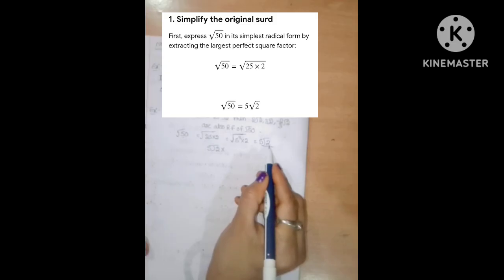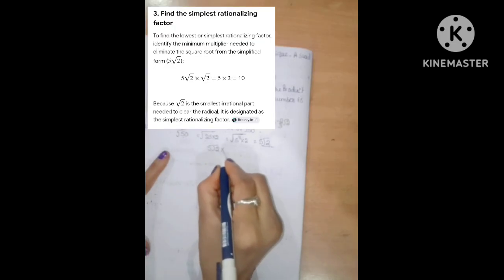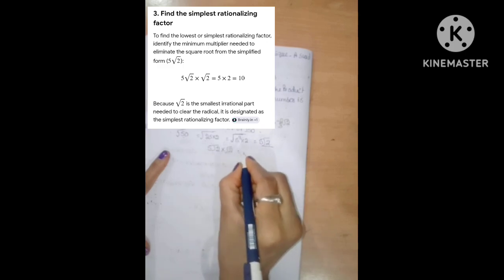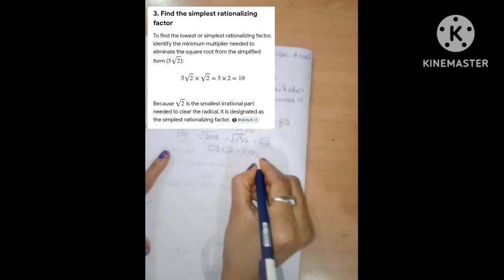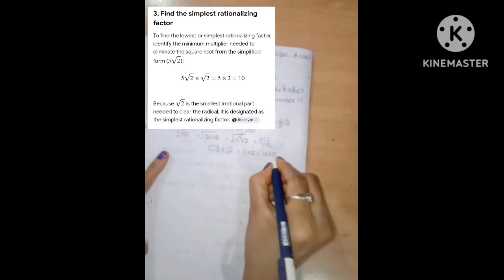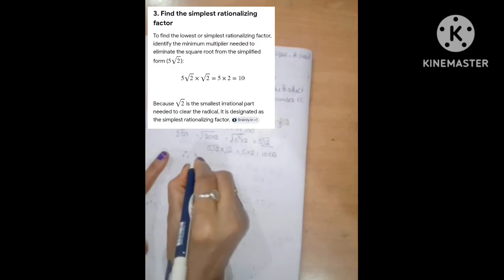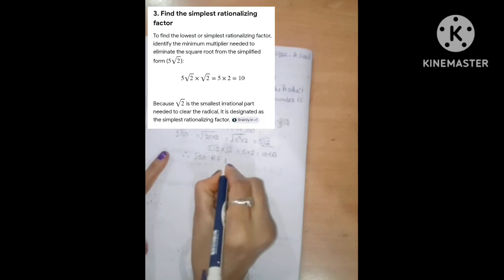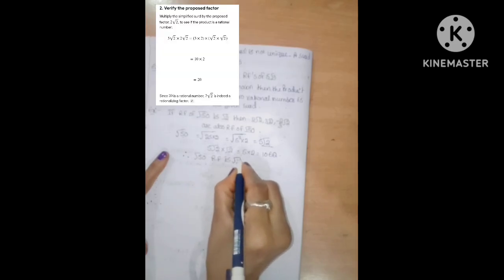This is the simplest form, the pure surd. 5 root 2 into root 2 gives 5 into root 2 into root 2, and root 2 into root 2 is nothing but 2 only. So 5 times 2 is 10. It gives a rational number. So what is the rationalizing factor of root 50? The rationalizing factor is root 2.